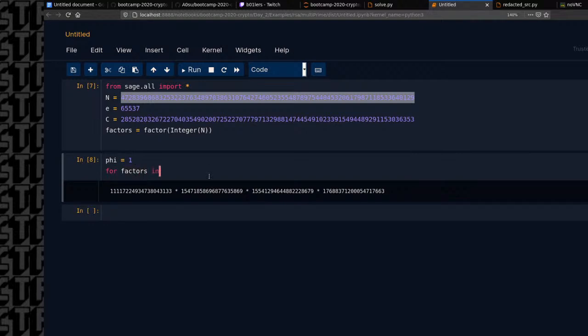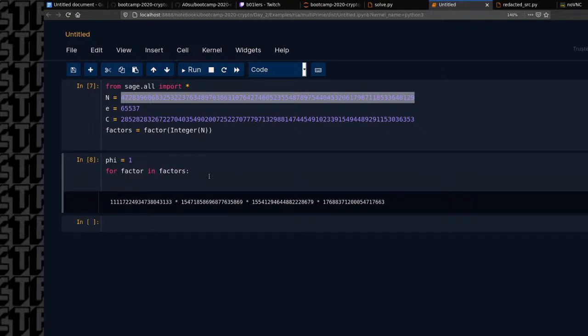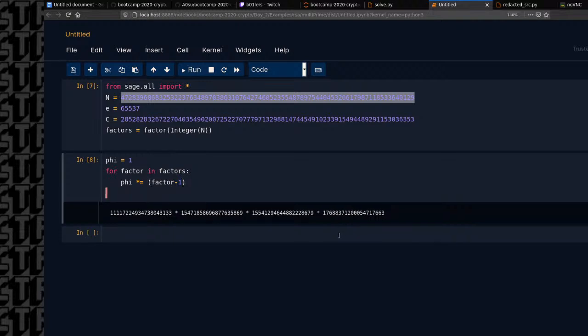So for factor in factor, we're going to iterate through each one of these. This will generate a list when we factor. So what we're going to do here is phi, we're going to multiply it each time with each factor minus 1.